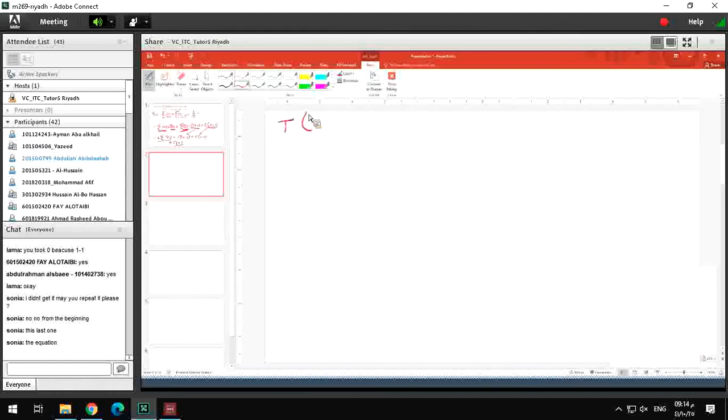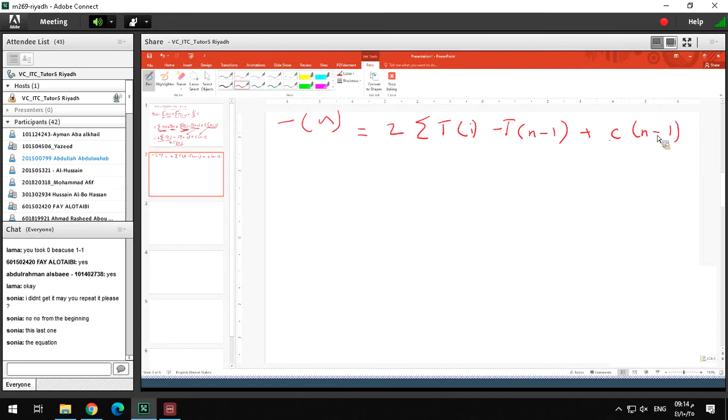We have Tn equal to summation of Ti minus Tn minus 1 plus Cn minus 1. Of course, we don't care about the T0 because it's 1.